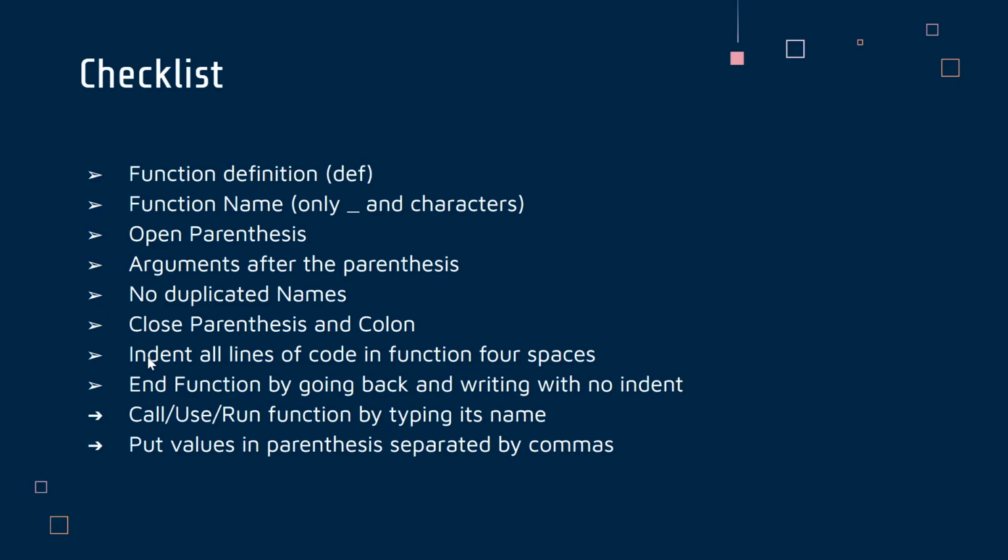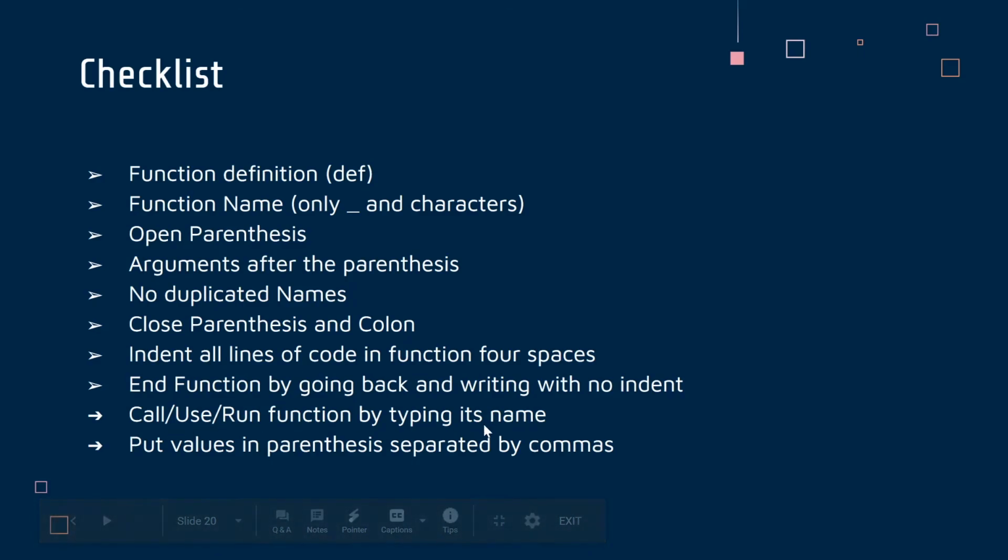The code should automatically indent, especially in VS Code. If it doesn't, remember 4 spaces, or I think tab should work as well. Then you can end the function by going back, clicking backspace, also known as unindenting, and starting to write another function or whatever you want in your code.